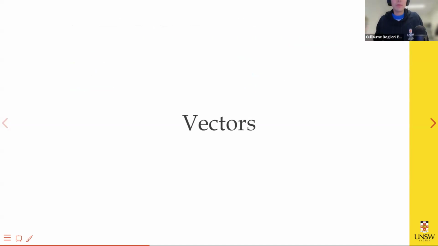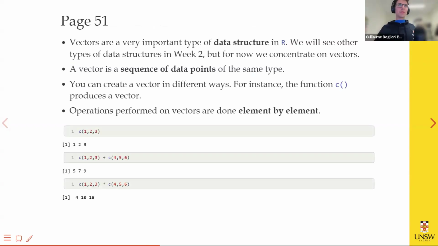Okay, now a bit more about vectors. Vectors are a very important type of data structure in R. A data structure is a way that R stores or organizes some data, some information. And the vector is especially important and fundamental in R. We will see other data structures in week 2, like matrices and data frames, but for now, let's stick with vectors.